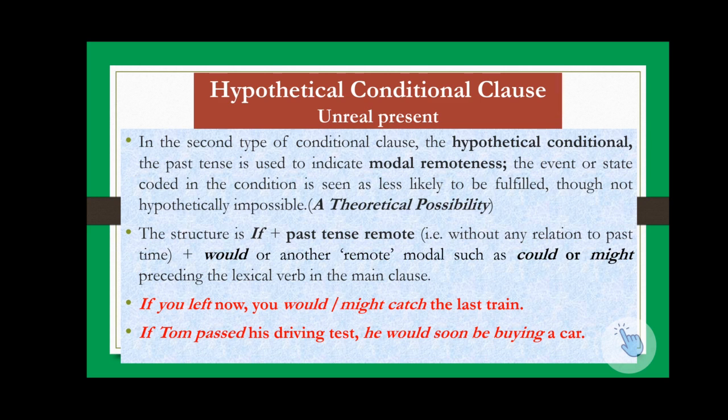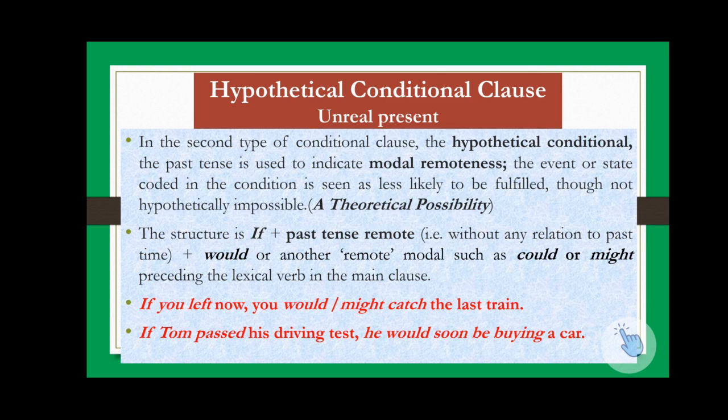It means there is a possibility that something may happen or may not happen. That's why we call it the real conditional clause. Today we talk about the unreal conditional clause in present. What is it? Let's discuss in detail.